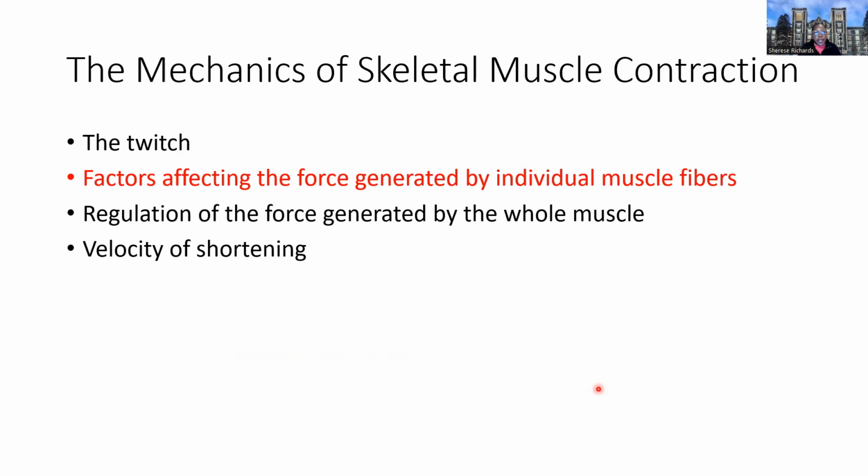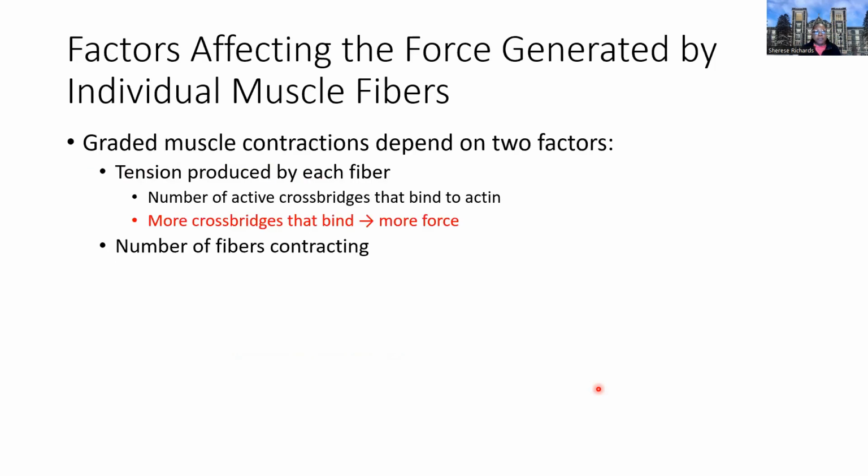All right. Let's think about factors that affect the amount of force generated by a single muscle fiber. So what are the things that can increase or decrease the force generation? Now, when we think about the muscle contraction, that is dependent on 2 things. It's dependent on the force generated by a single fiber, which is really a reflection of how many active cross-bridge cycles are happening.